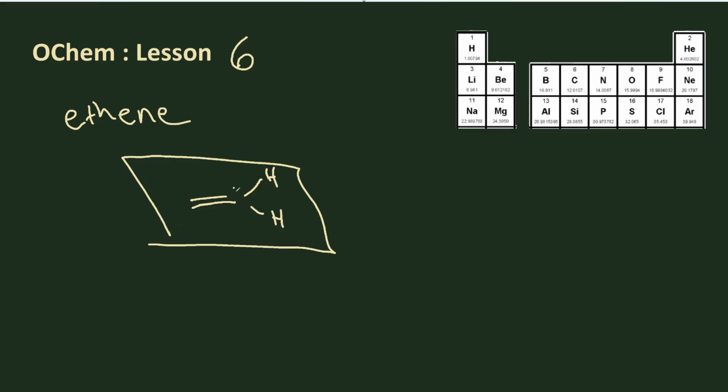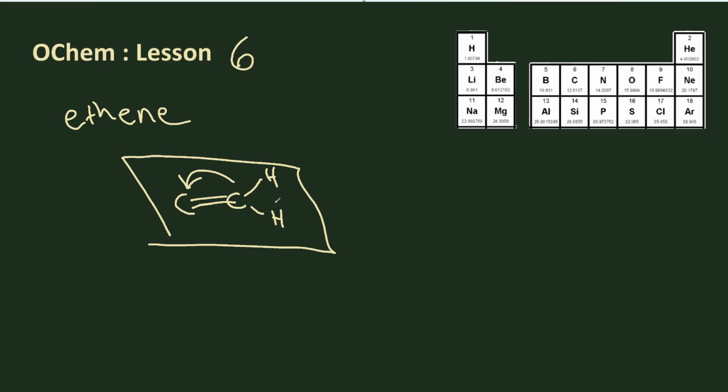And the last thing you should come away with is understanding that since this carbon is only bonded to 1, 2, 3 other nuclei, that it's sp2 hybridized. Now in ethane, it was bonded to 3 hydrogens and a single bonded carbon that's an sp3. And the easy way to remember that is that this always adds up to the number of bonds. 1 s and 3 p's is 4, 1 s and 2 p's is 3.